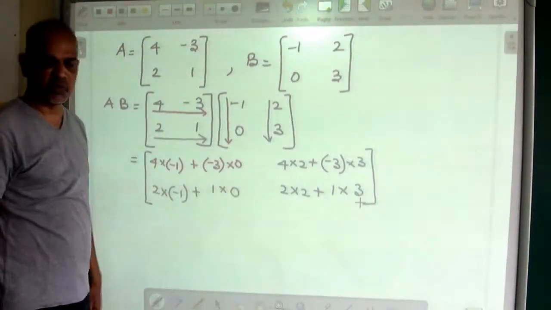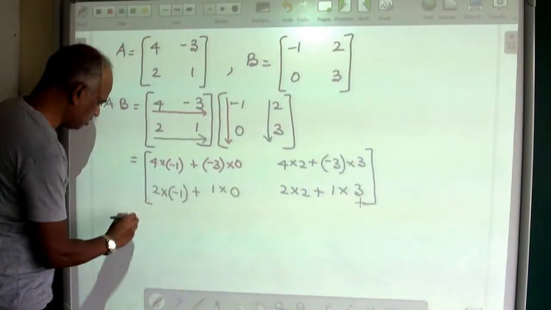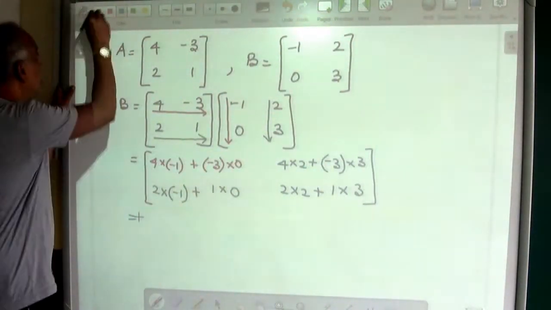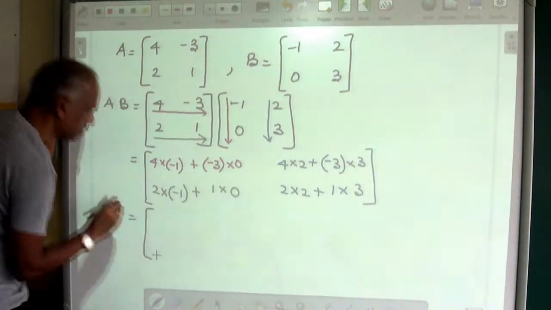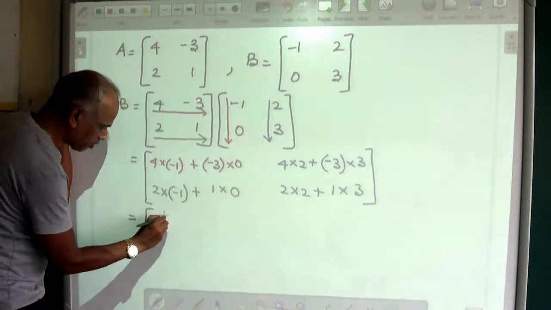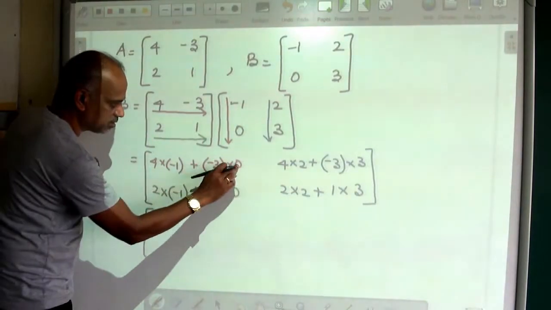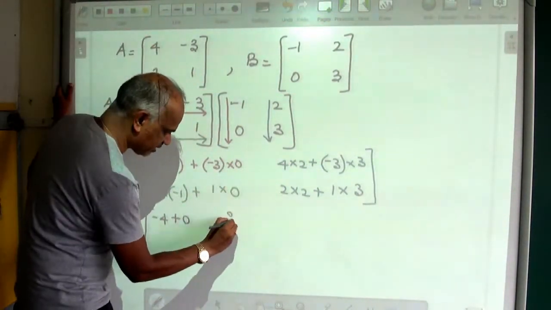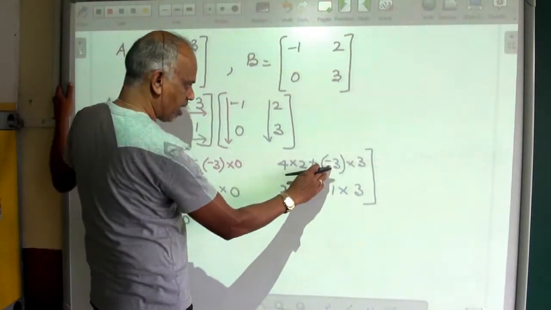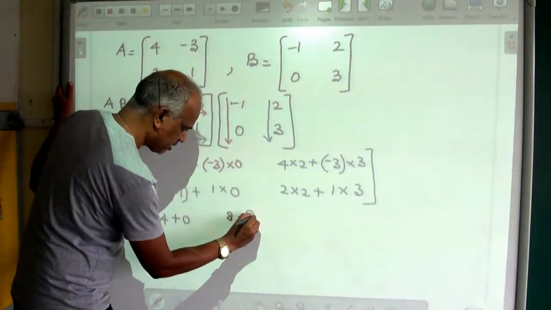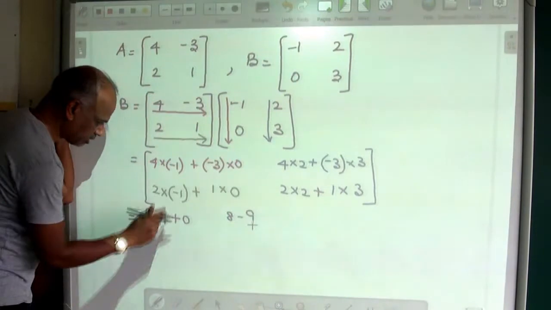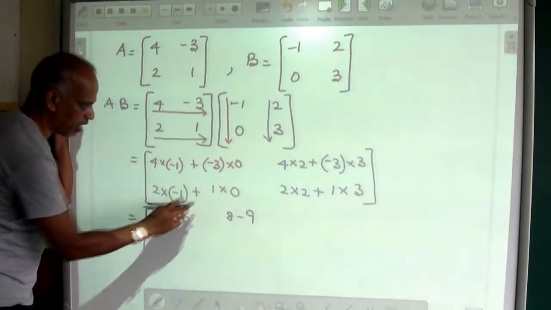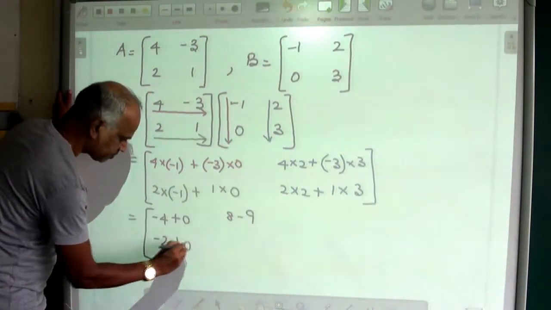Your multiplication is over. Now simplify this. That will give you 4 into minus 1, minus 4, plus this into 0 is 0. 4 into 2 is 8, and minus 3 with 3 is minus 9. 2 with minus 1 is minus 2, and 1 with 0 is 0.